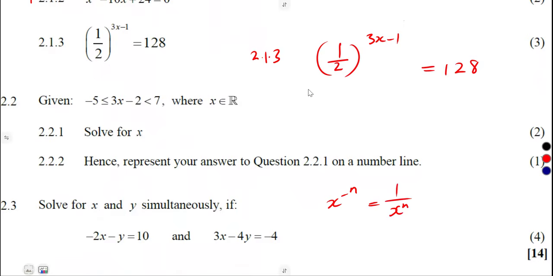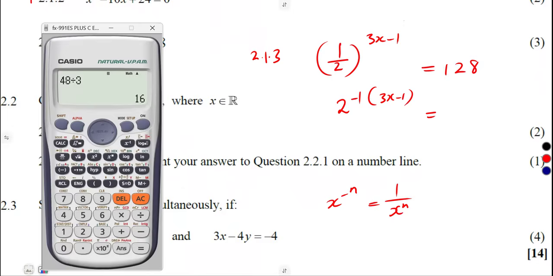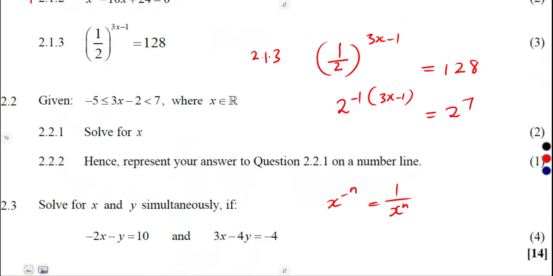So this can be rewritten as 2 to the exponent of negative 1, to the exponent of 3x minus 1. 128 in the base of 2 is what? 128 is equal to 2 to the exponent of 7.